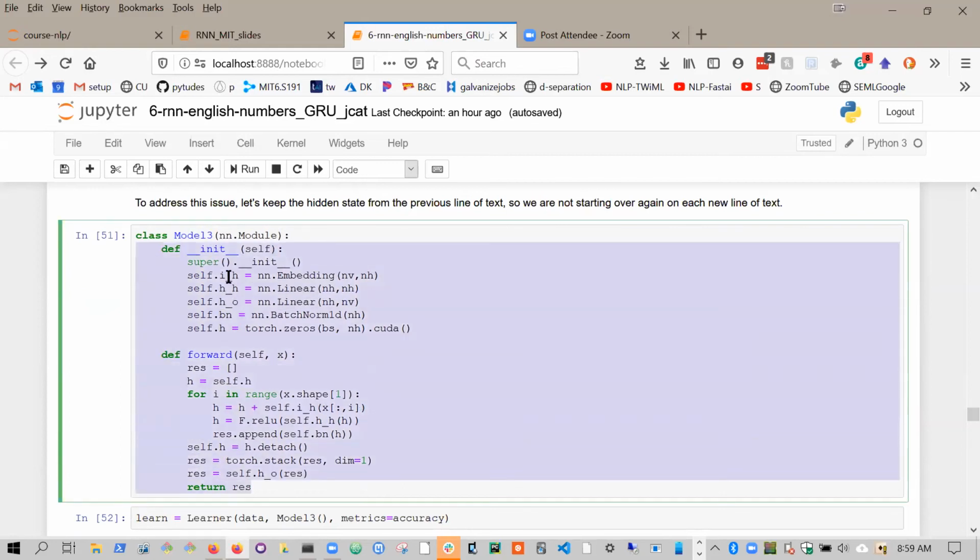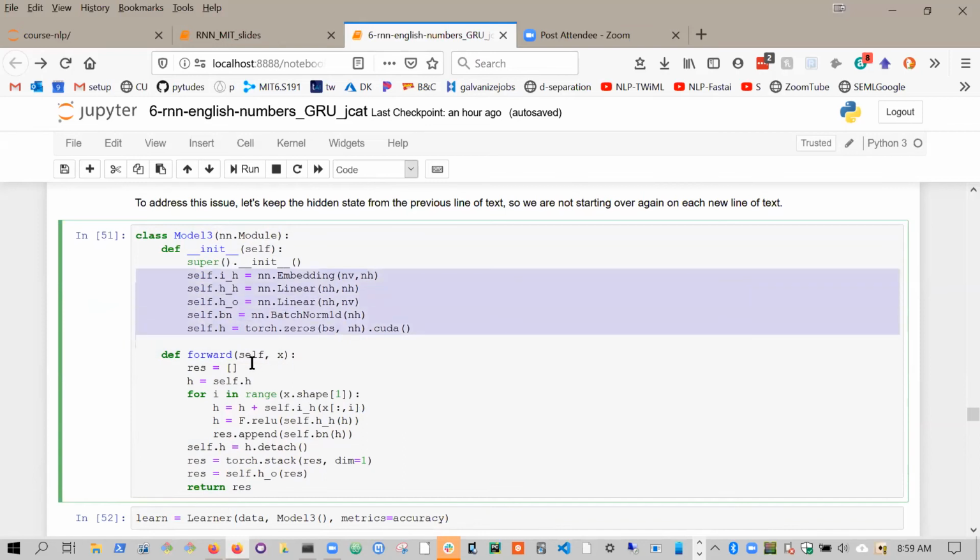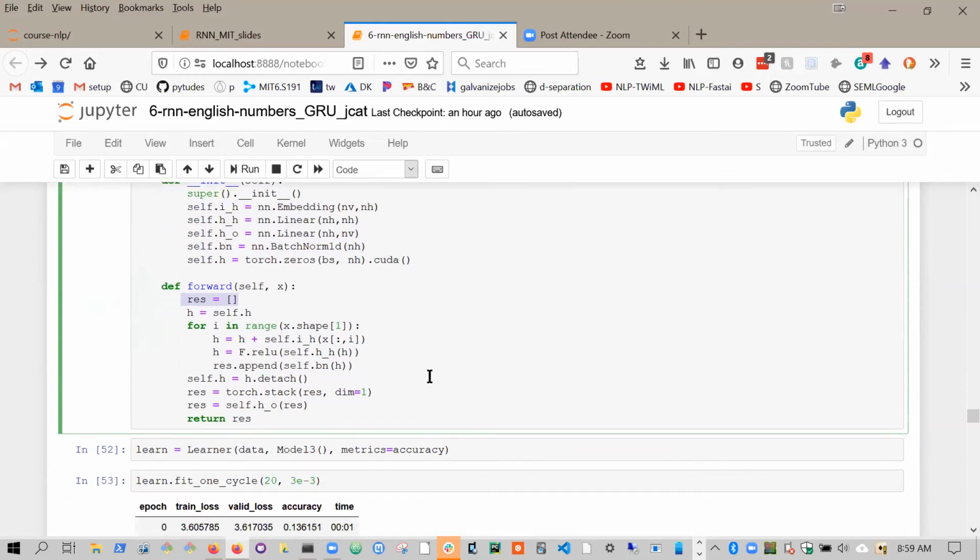And so all of this is the same. But now he's got this new thing which he calls result, or RES. So let's see what he does here. This looks similar. rs.append self.batch.